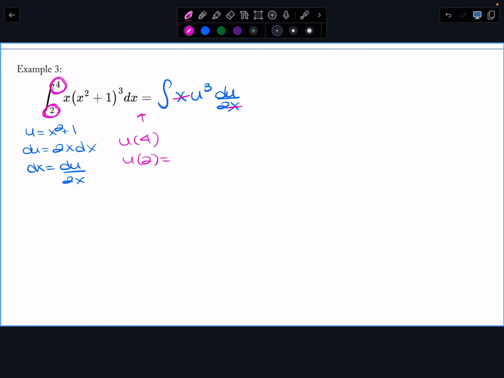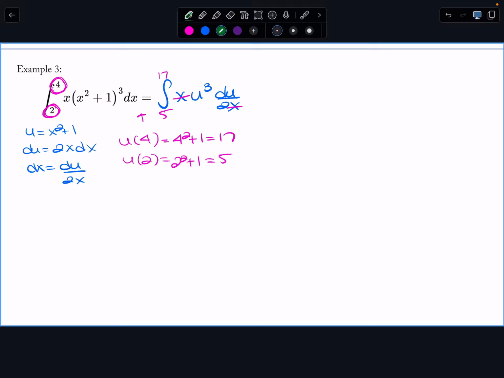So I have to find u of 4, which makes me super sad because I have 4 squared plus 1, which is 17. So 17 now goes in the top. And then 2 squared plus 1 goes in the bottom, which is 5.